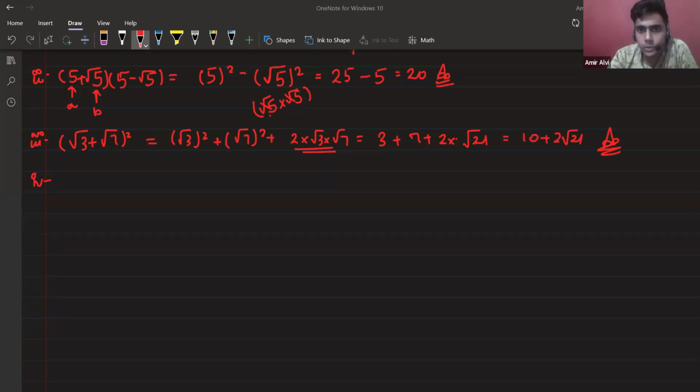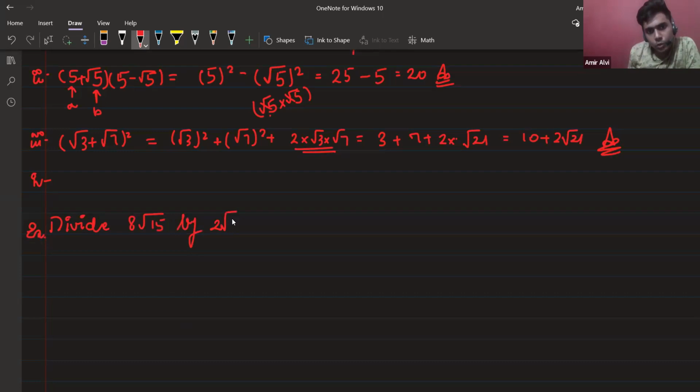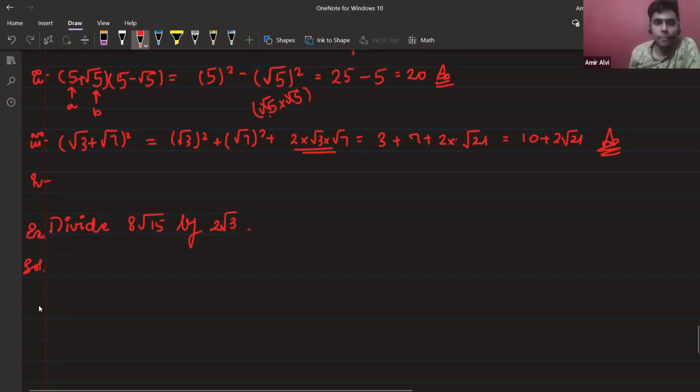The question is: divide 8 root 15 by 2 root 3. So let's solve this. What the question is saying is that 8 root 15 should be divided by 2 root 3.